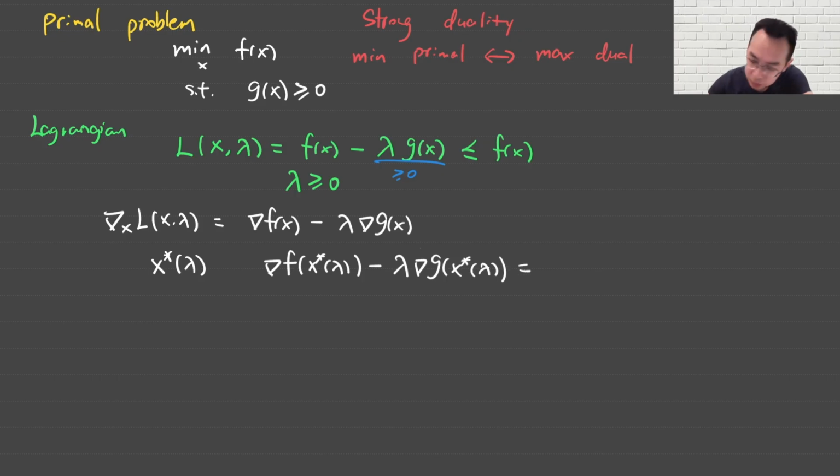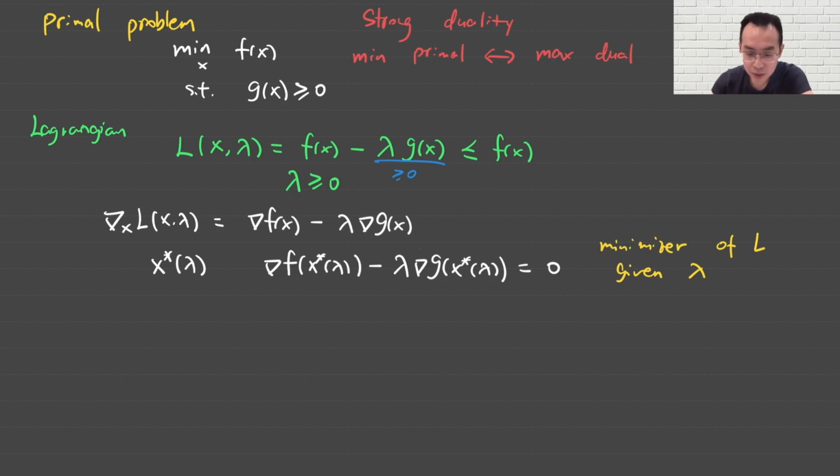So this is the minimizer of L given lambda. Suppose we set lambda as a fixed value, we can find the minimizer of that and define it as x star of lambda.